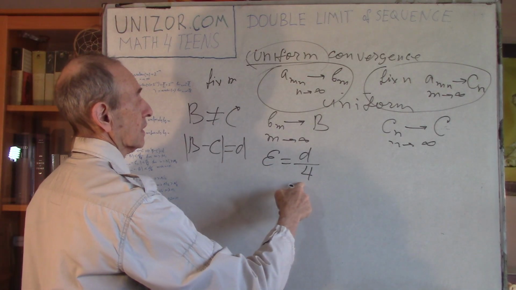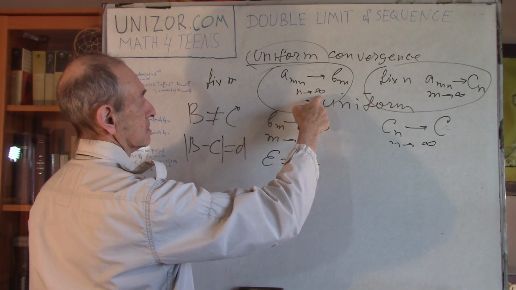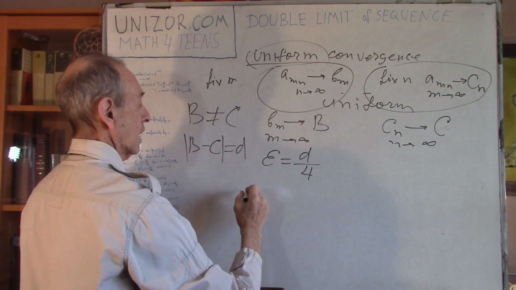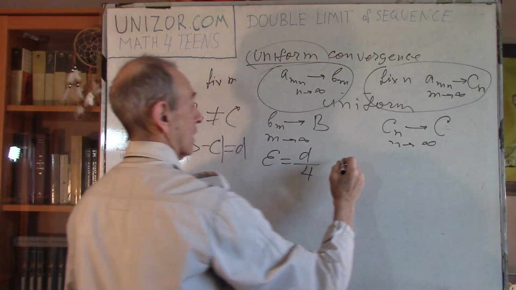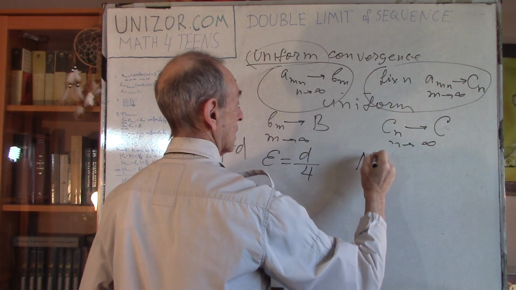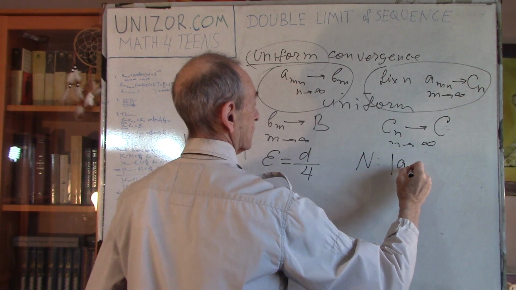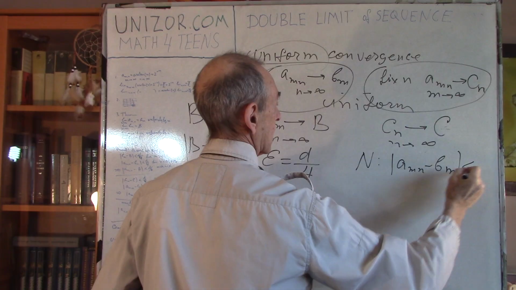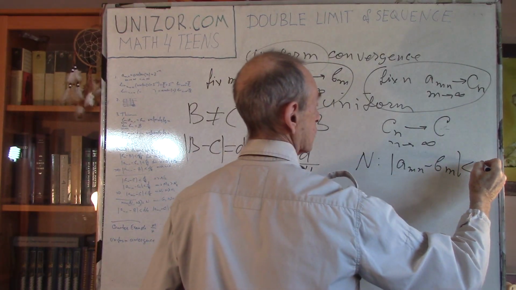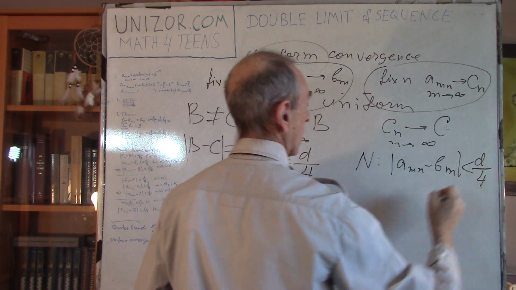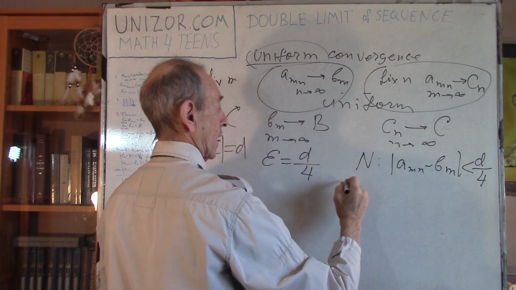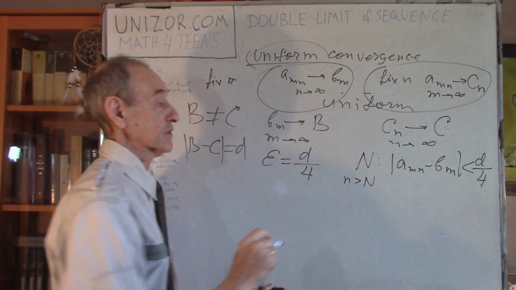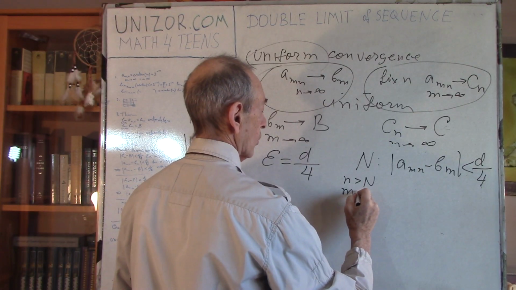Now for this particular epsilon, and b_m is a limit of a_mn as n goes to infinity, then there exists such a number N that the difference between a_mn and b_m is less than my epsilon, which is d over 4, when n is greater than N, and because of the uniformity of the convergence, m also is.